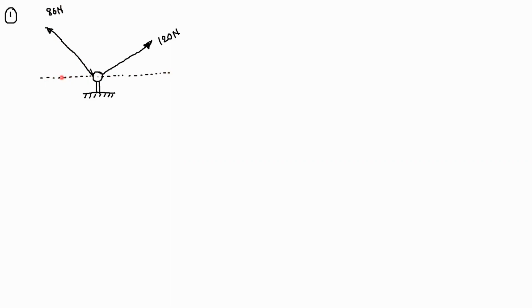And the angle of the 120 Newton force is given with respect to the x-axis as 30 degree, and for the 80 Newton force, this angle is 45 degree. And the question is, we have to find out the resultant of these two forces.